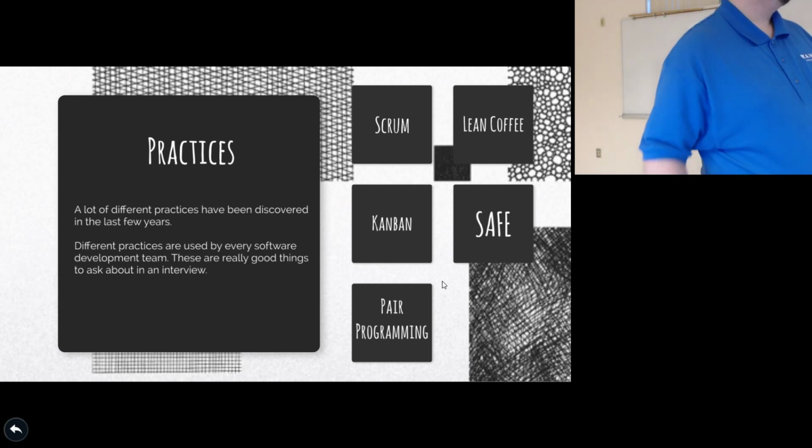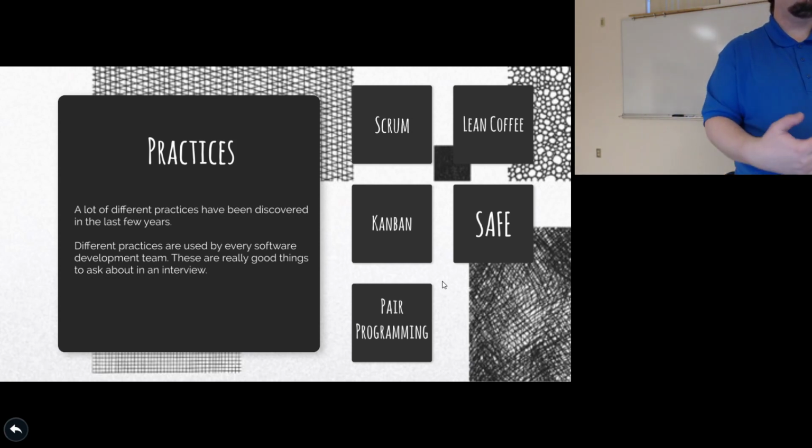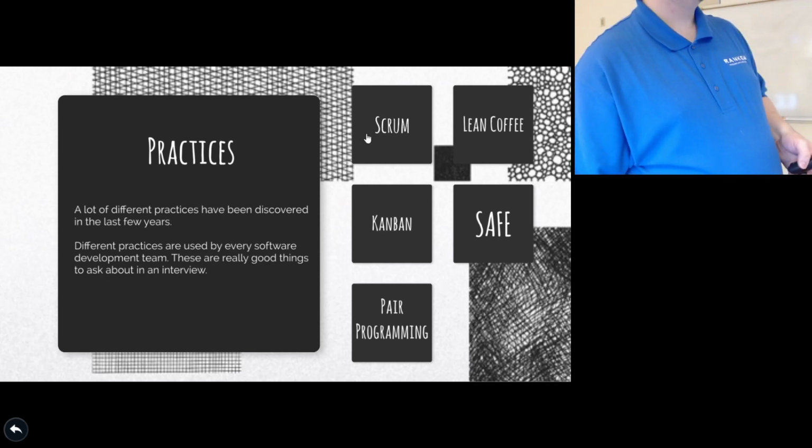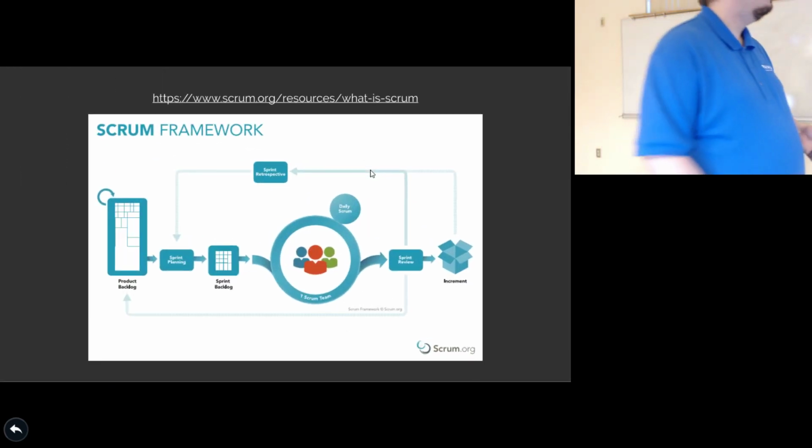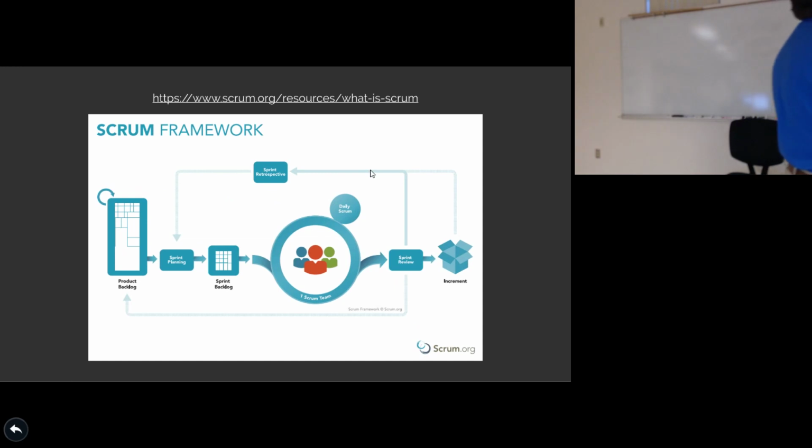Now, what I do want to go over is a few of the tools that are more widely used. Scrum is one of those that's used pretty much across the board. If you're doing any form of Agile, you're probably doing some version of Scrum, whether or not you're doing formalized Scrum.